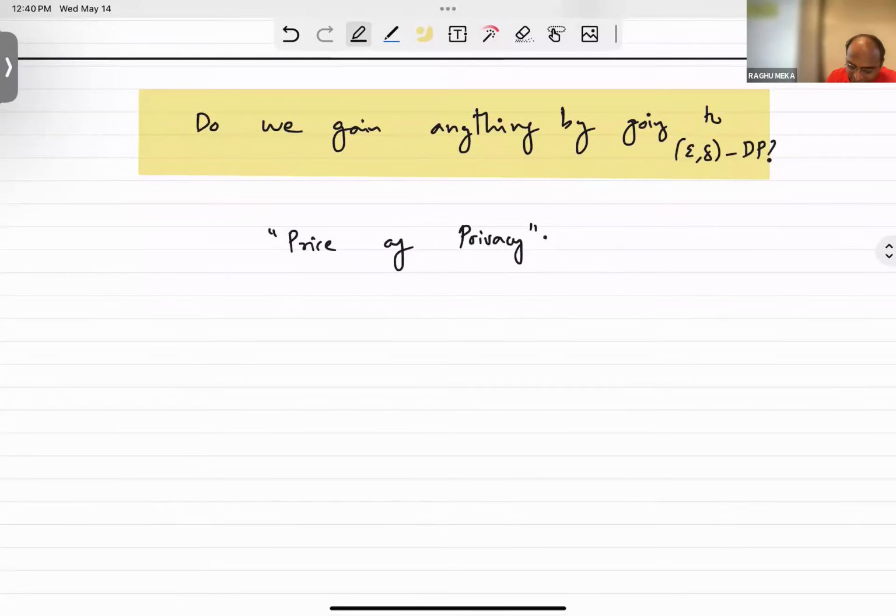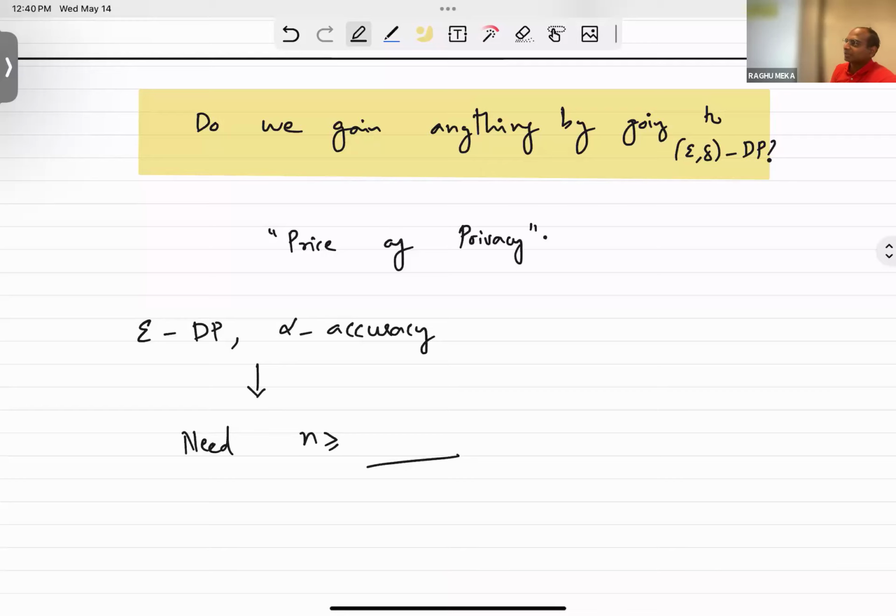Right. So in some sense, if I wanted pure differential privacy with alpha accuracy, then maybe I needed my database to have some number of elements. And you can ask the same question. What if I only wanted epsilon delta differential privacy and alpha accuracy?